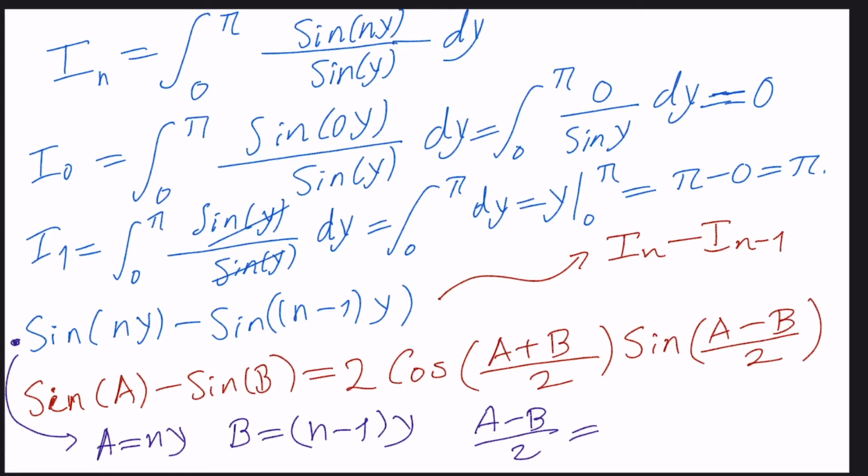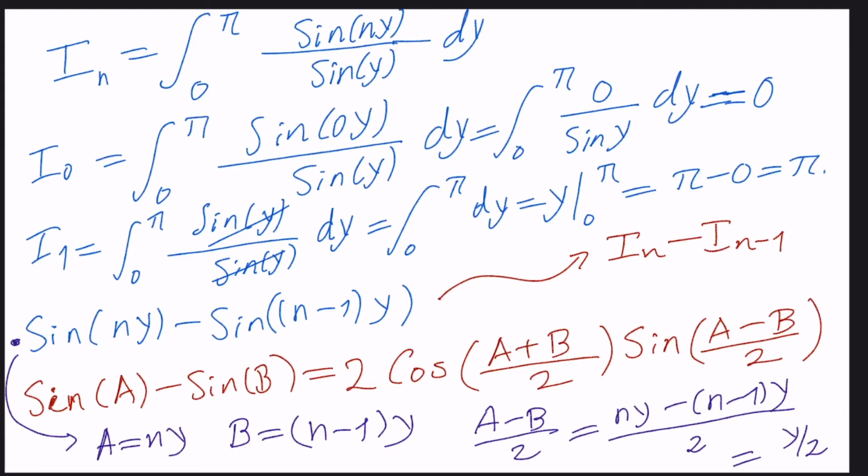So if we calculate that, we obtain ny minus (n minus 1)y divided by 2, which is y divided by 2. What is the problem? We will have in the numerator sine of y divided by 2, divided by sine of y.